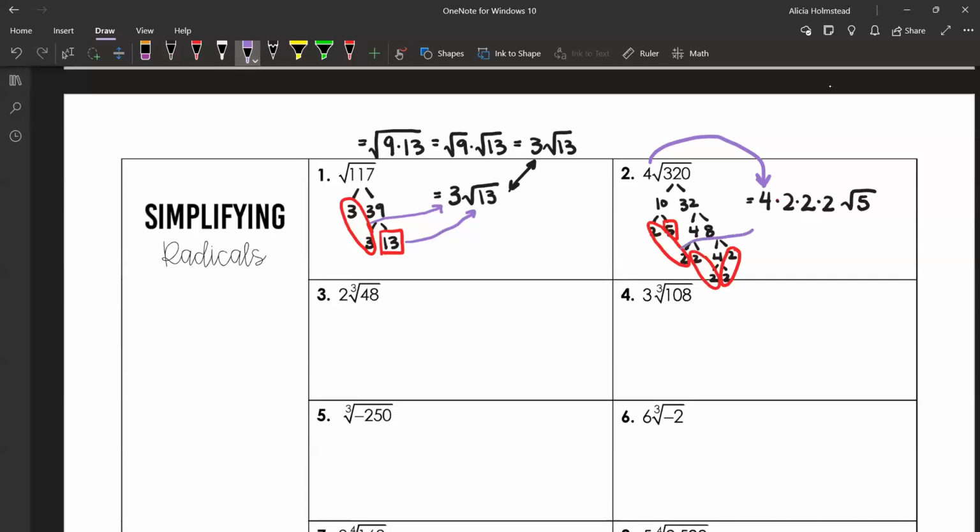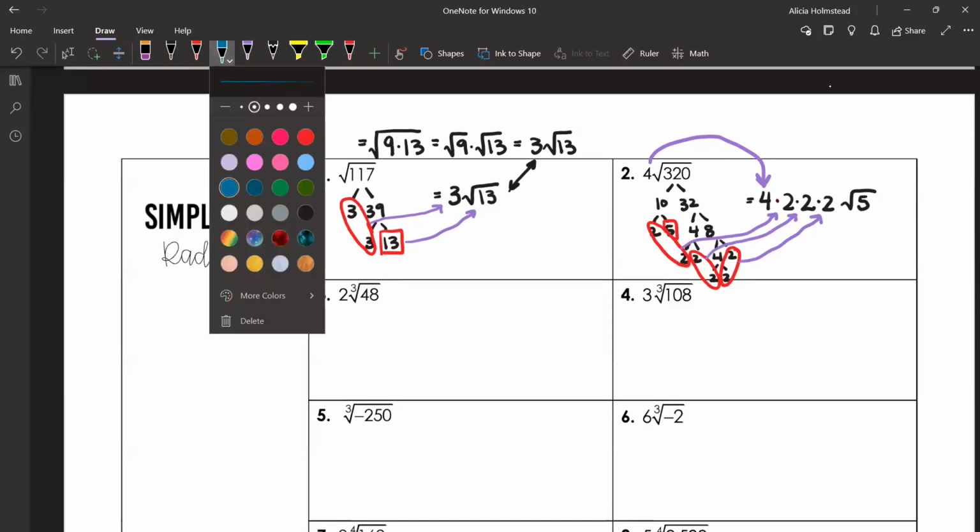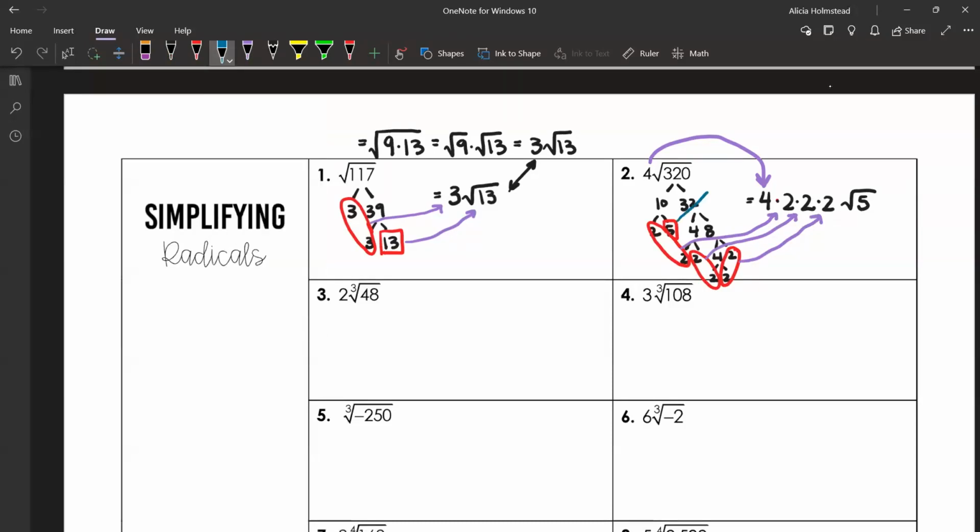And just so you can see, that group of 2's became that 2, that group of 2's became that 2, that group of 2's became that 2, and this 5 became that guy. Maybe that helps you see where those all come from. 4 times 2 is 8, times 2 is 16, times 2 is 32. So this simplifies to be 32 square root of 5.